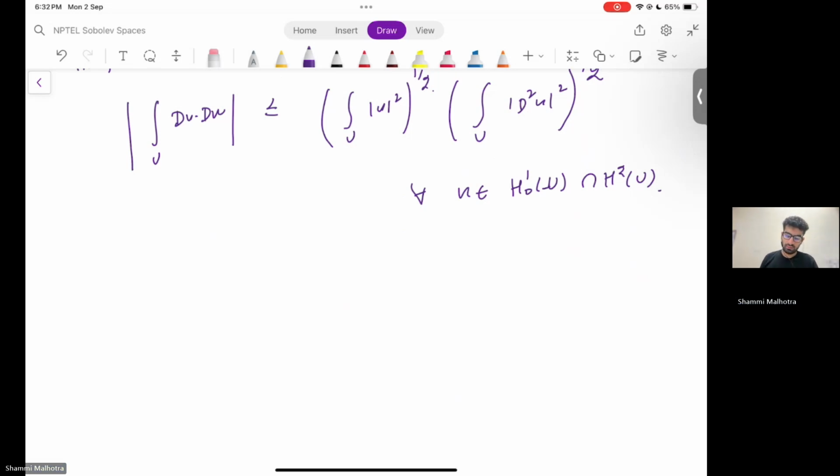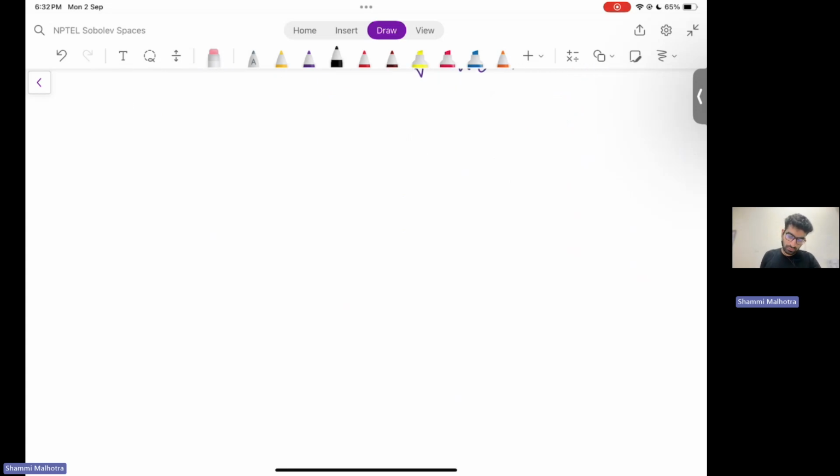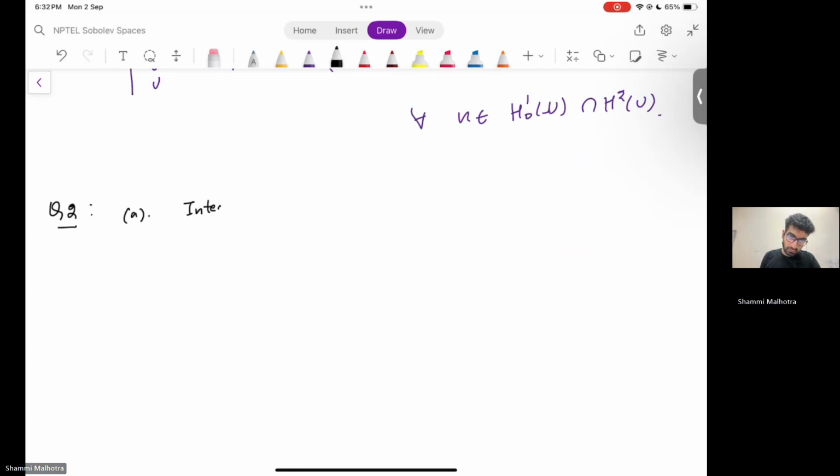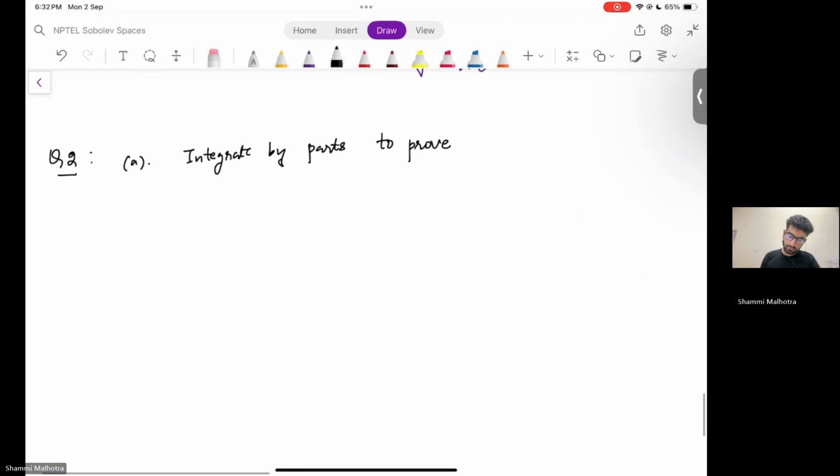So based on that, we have another question. Question number 2, part 1: use integration by parts to prove that the norm of du in Lp is less than or equal to a constant times the norm of u in Lp to the power half times the norm of d2u in Lp to the power half.